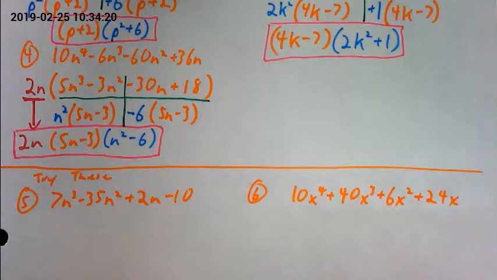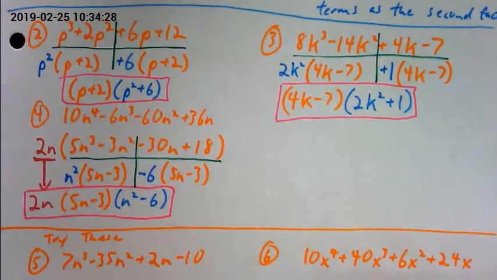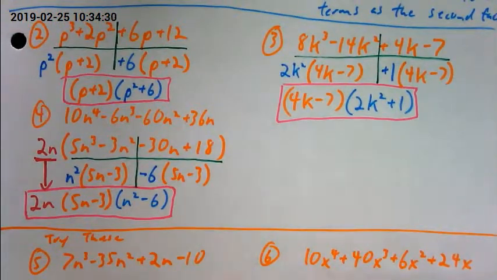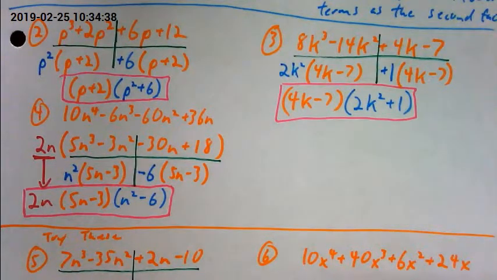Again, one of them has a GCF, one of them doesn't. So if it doesn't have a GCF, then you go straight to factor by grouping. Split them up into 2 binomials, take out your GCFs, and go from there.